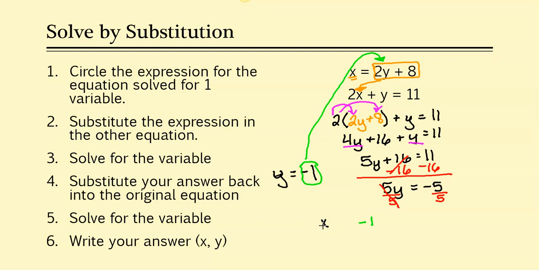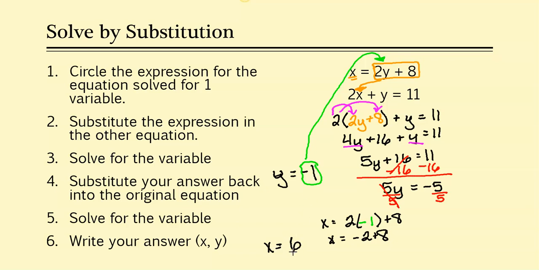So when I do this, I've got x equals 2 times the y of negative 1, plus 8. So 2 times negative 1 is going to give me negative 2 plus 8. Again, signs are different, so I'm going to subtract. 8 minus 2 is going to give me 6, and the 8 is bigger, which is positive. So my answer is going to be x equals 6.